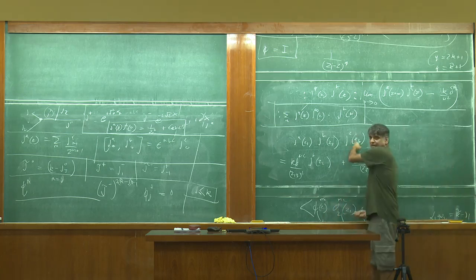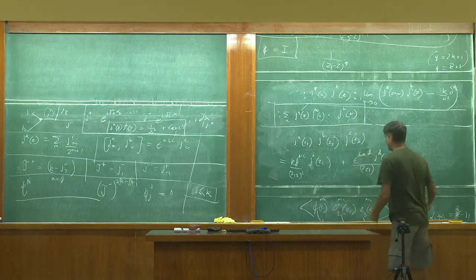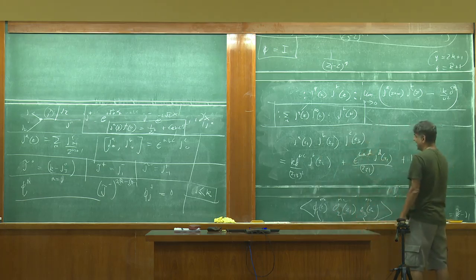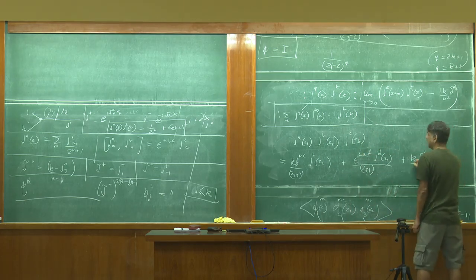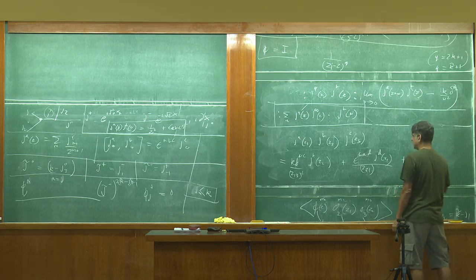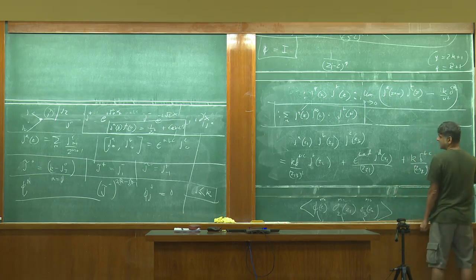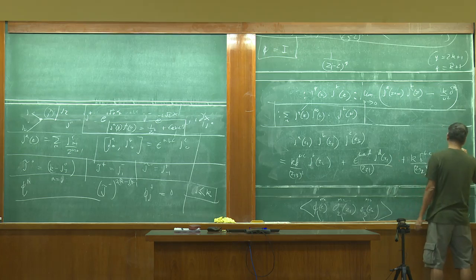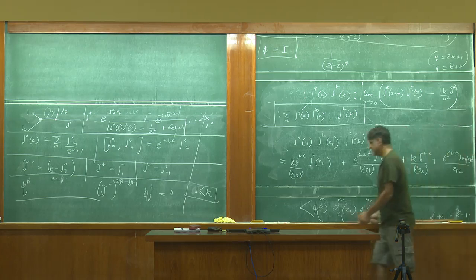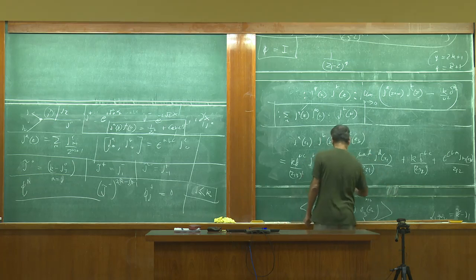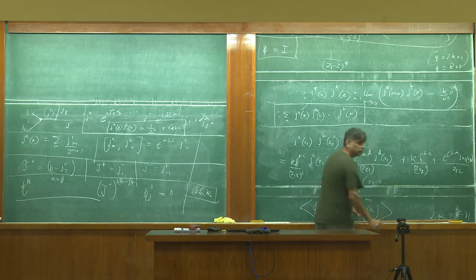Those are the terms that are singular when Z3 goes to Z1. And then similarly with Z3 and Z2, plus k delta^{BC} over Z32 squared, plus epsilon^{CBM} J^M(Z2) divided by Z32, plus non-singular terms as Z3 goes to either 1 or 2.